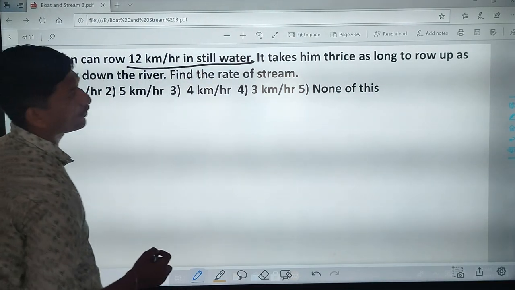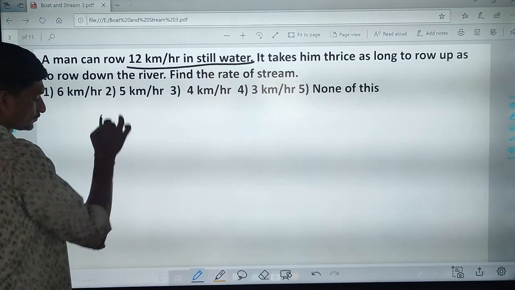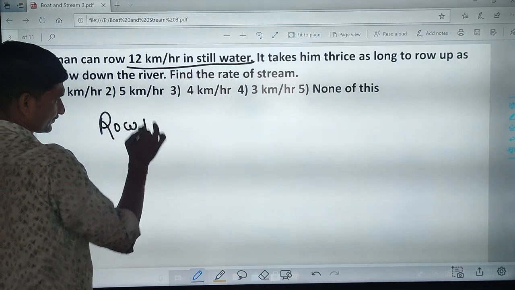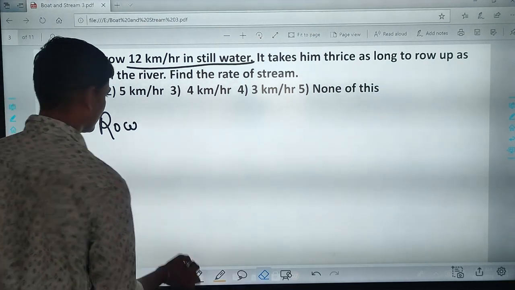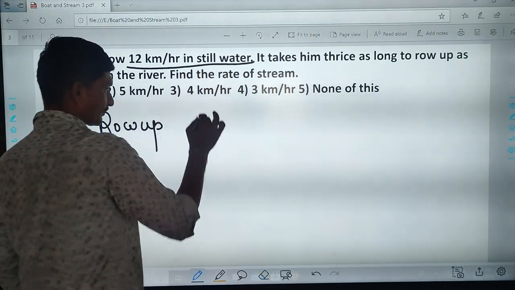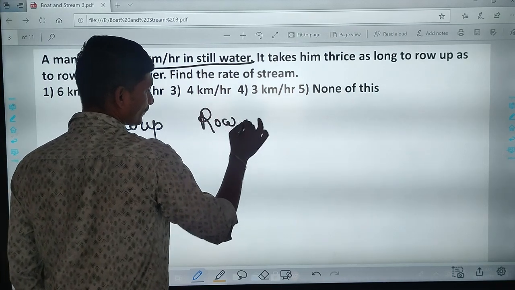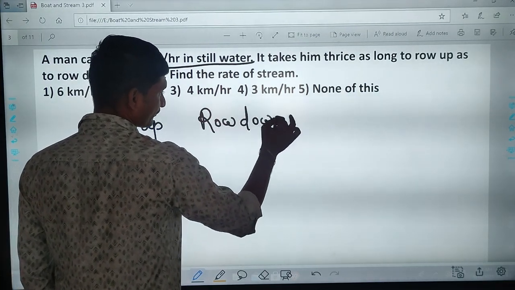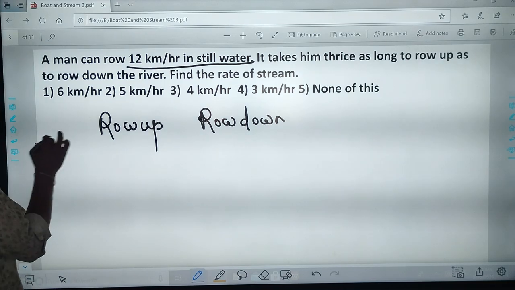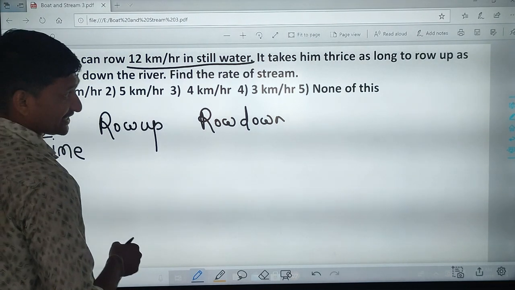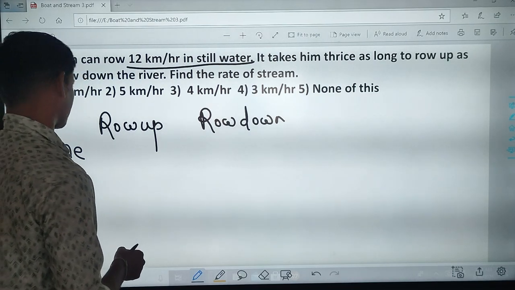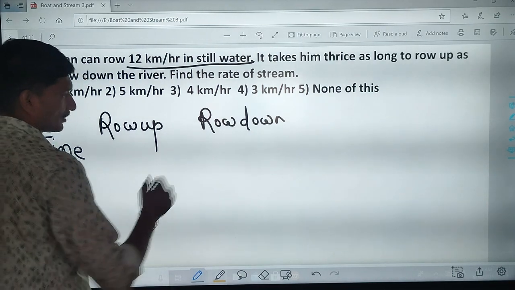Here, the time of row up and row down. Time required to row up is thrice as long as to row down.